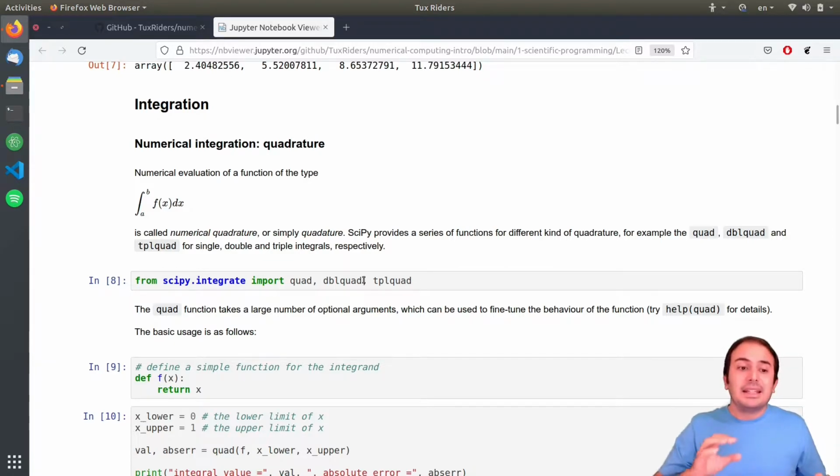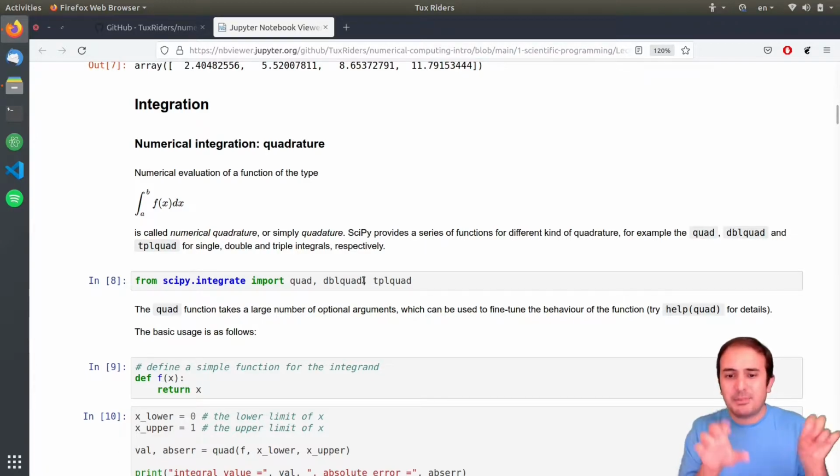But for more complex functions, it becomes very difficult to compute the integral. This is where numerical integration comes into play. It works based on very simple principles for computing the area under the curves.